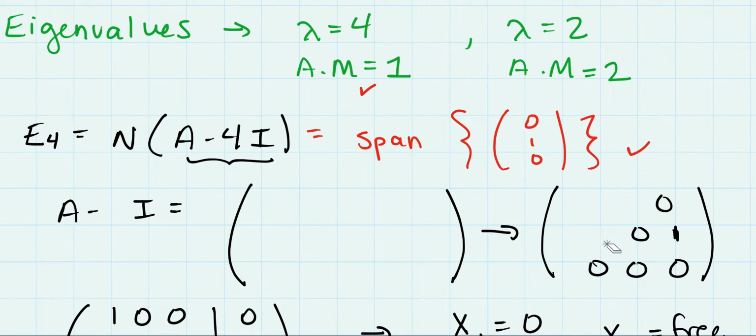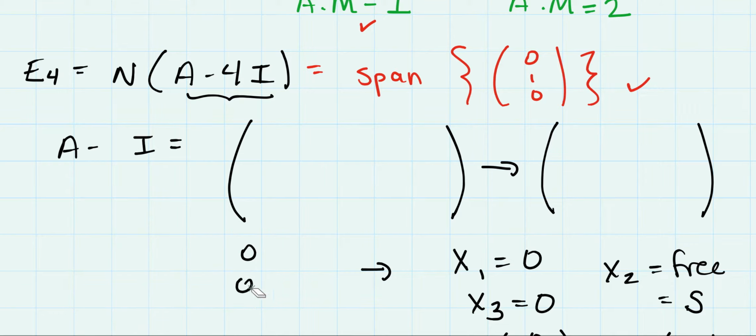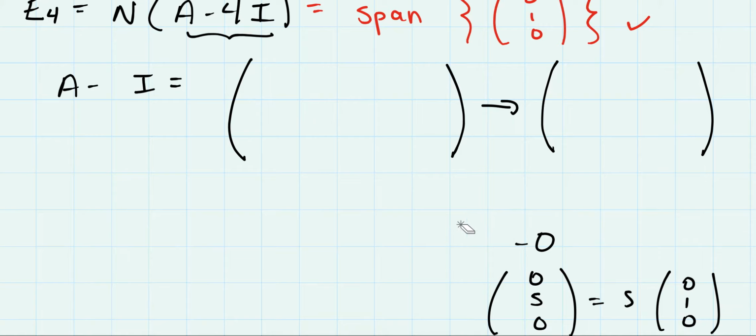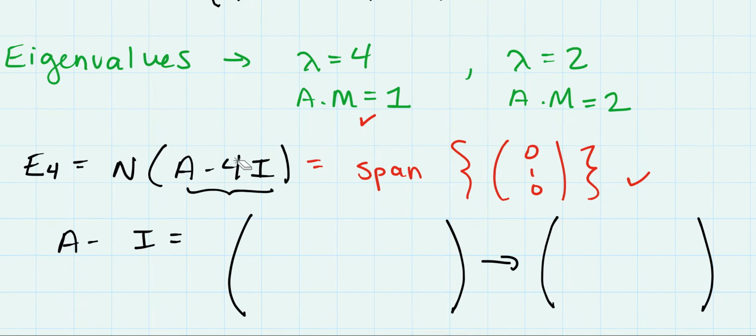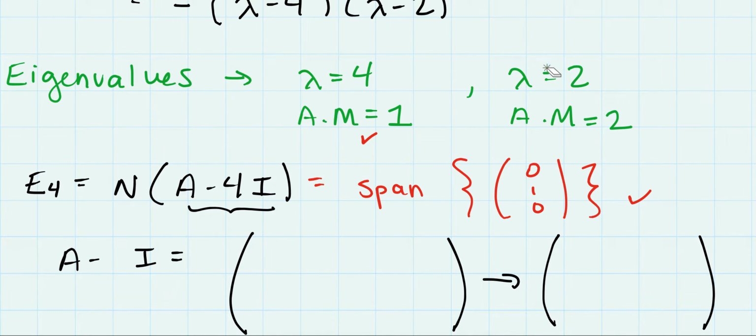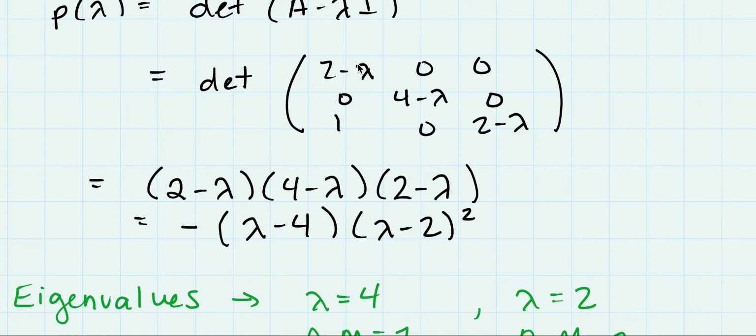Okay, let's find the other eigenspace. And get rid of this stuff so we can keep it all together. So the other eigenvalue is 2, so I'm going to take A and subtract 2 times the identity matrix. That means I'm plugging in 2 here.